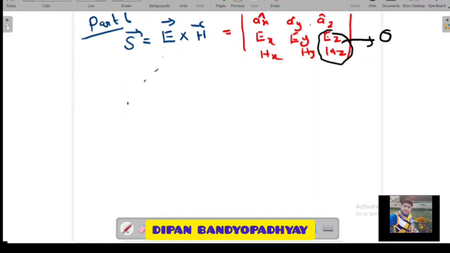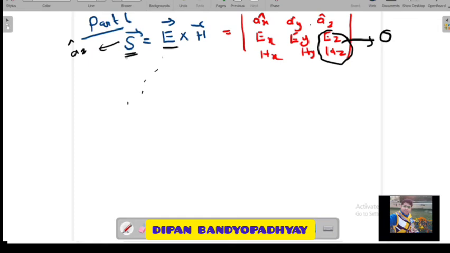So they are also perpendicular to S, and the S direction and the direction in which the wave propagates are the same. So S will be along the z direction, along the direction of propagation of the wave, and there will be no components of E and H along the z direction.